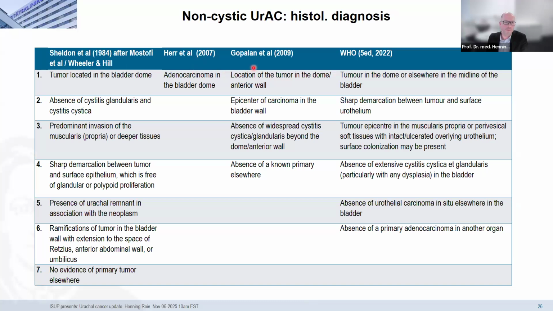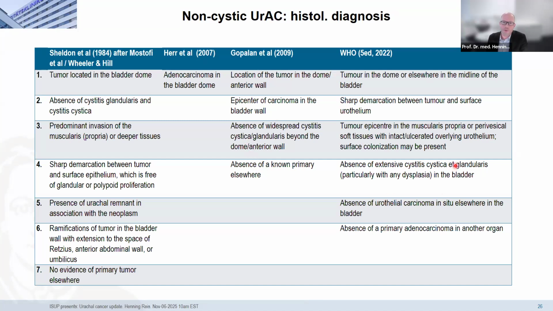Gopalan and colleagues, from Sloan Kettering as well, modified the primary system from Sheldon and had these criteria: location of the tumor at the dome of the bladder or anterior wall, epicenter of the carcinoma in the bladder wall, absence of widespread cystitis cystica or glandularis, and absence of a known primary elsewhere.